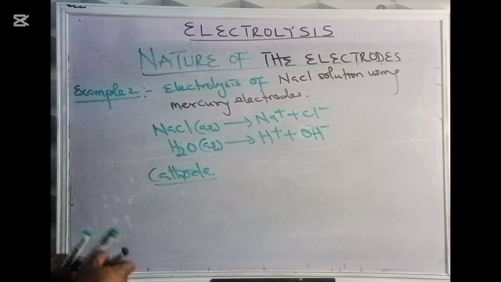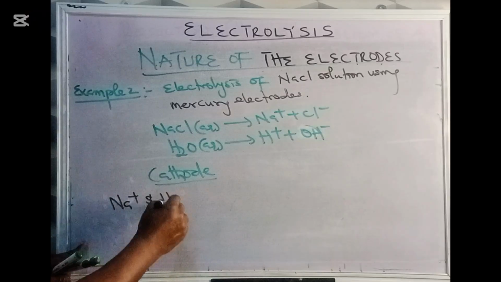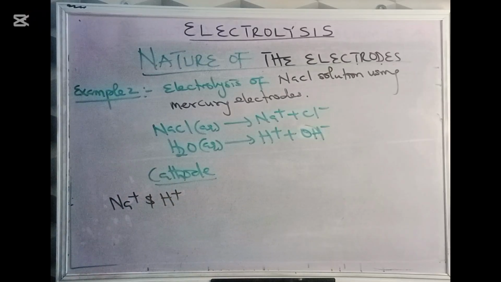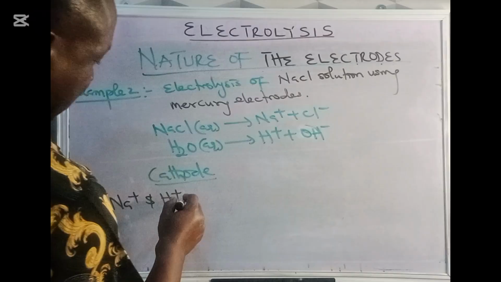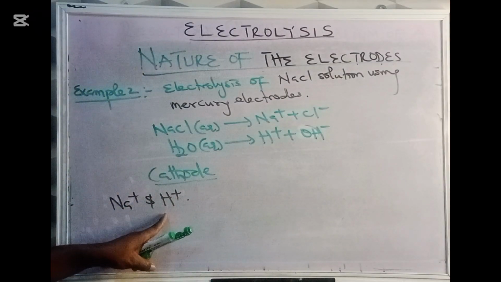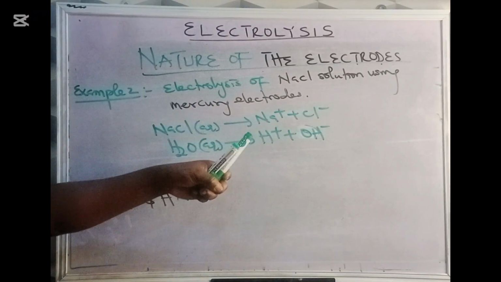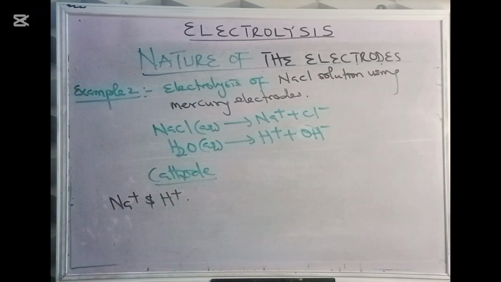At the cathode, sodium ion and hydrogen ion migrate to the cathode, where hydrogen is expected to discharge because it is below sodium. But due to the nature of the electrode, sodium has high affinity for mercury. So instead, sodium will quickly react with mercury. Please take note of that.